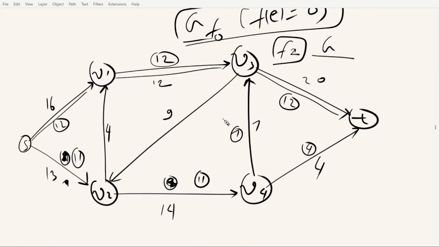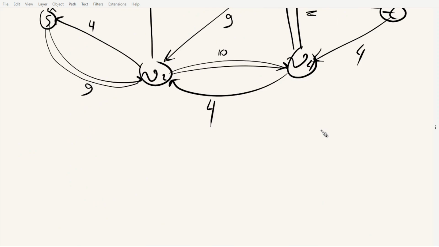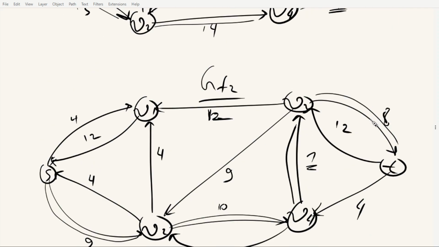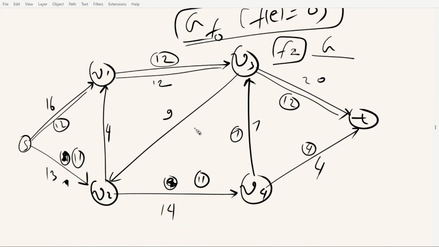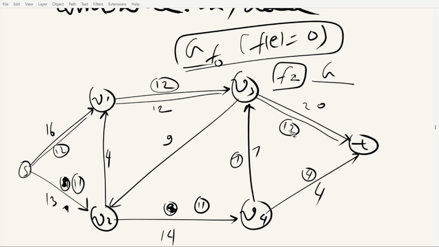Then last we have 3 to T. We have a forward edge, so increase the flow by 7. Current flow is 12, so 12 plus 7 is 19. Now call this new flow F3. Label it F3.